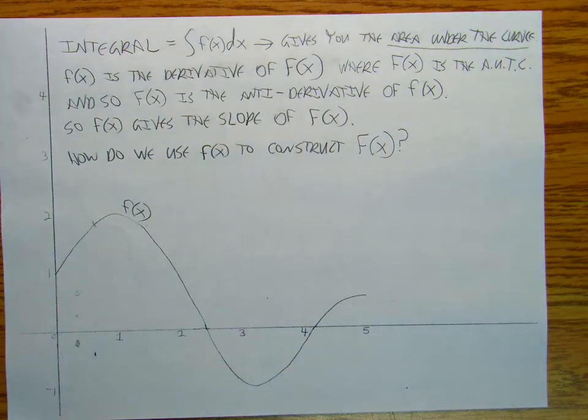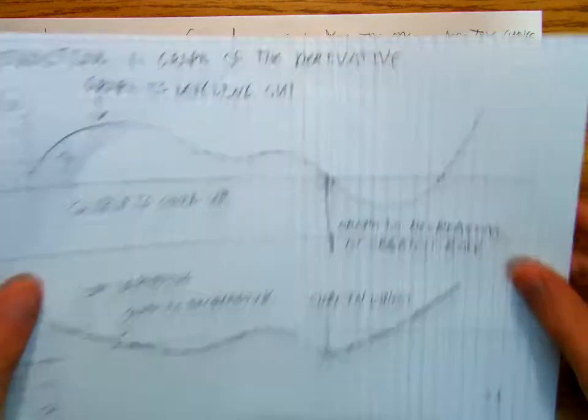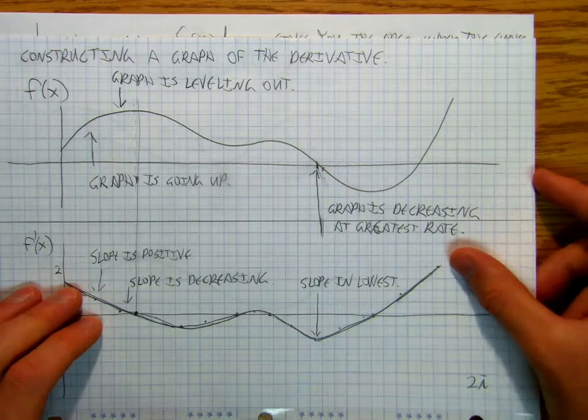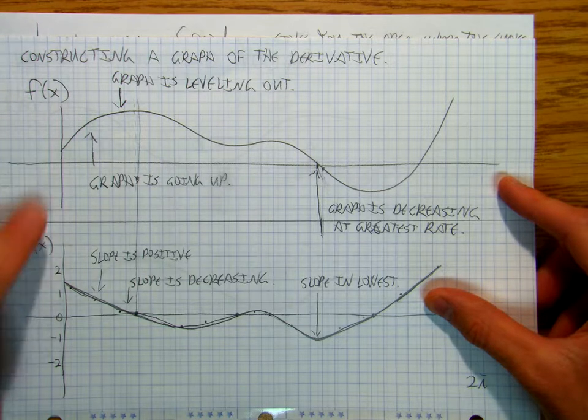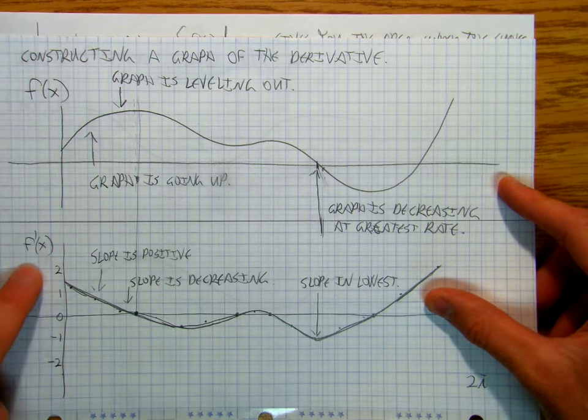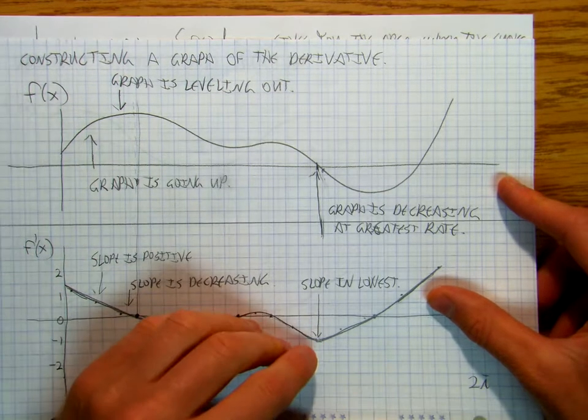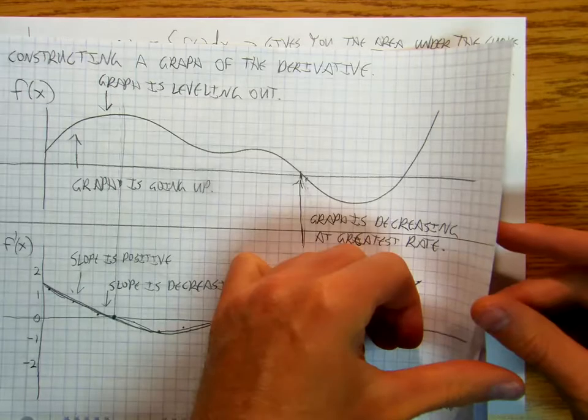I did that in another video, and let me just find out where I did that. I believe in chapter 2. So there's my chapter 3. I should really be more prepared for that. Here we go. In video 2i, I started with f of x, and from the graph of f of x, I found the graph of f prime of x.